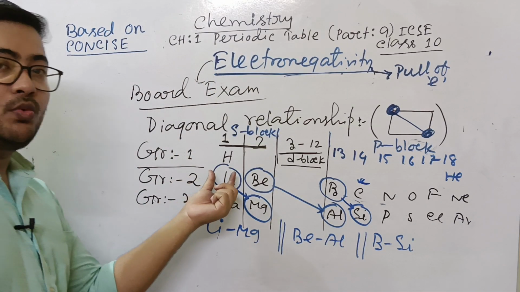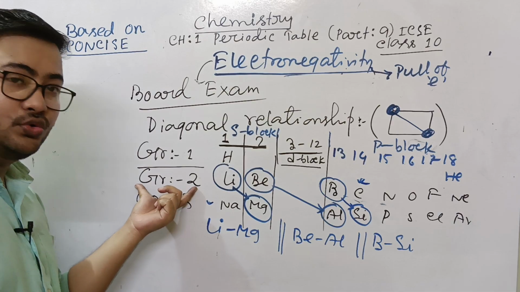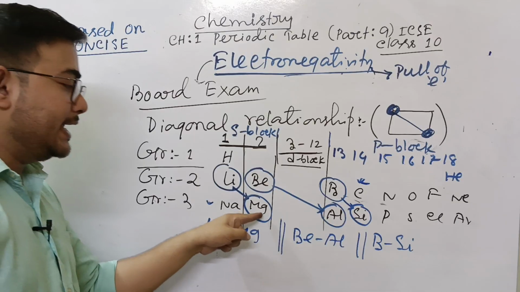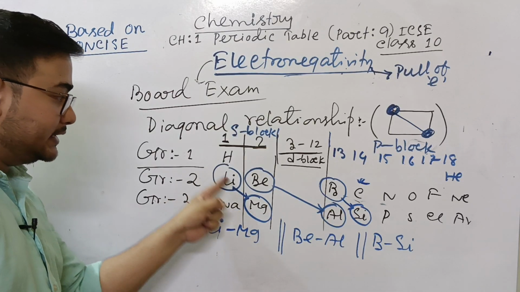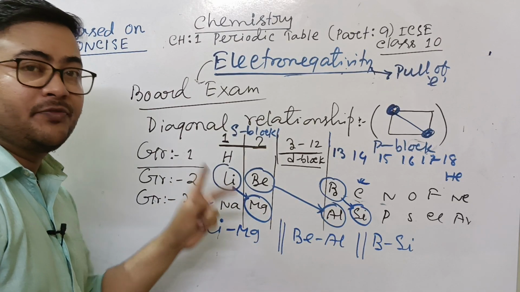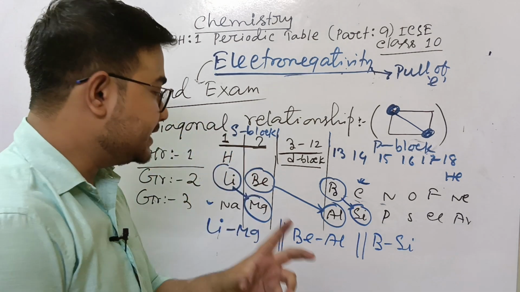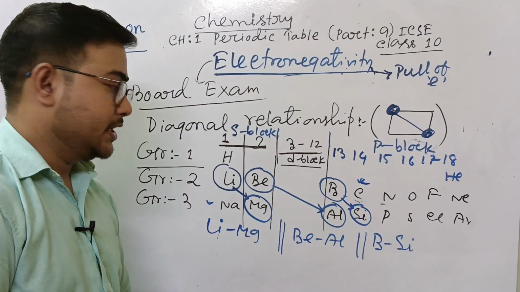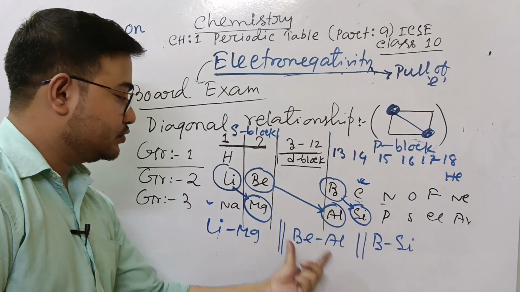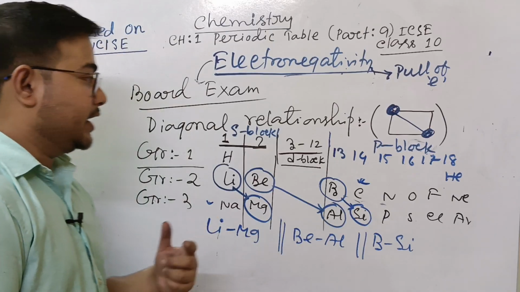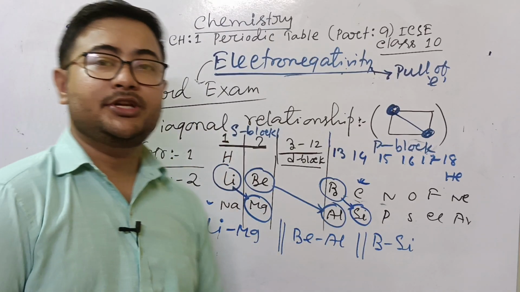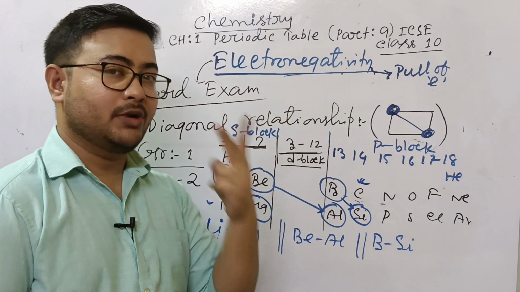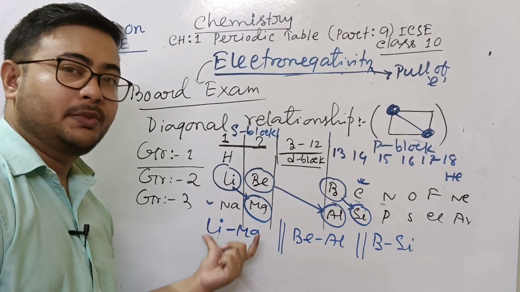When we start from one element of the second period and move diagonally, we reach an element of the third period, and these two elements have similar physical and chemical properties. This is known as diagonal relationship. Memorize these 3 sets. The question that will come in your board exam is: define diagonal relationship, 2 marks, plus one example, 2 plus 1.